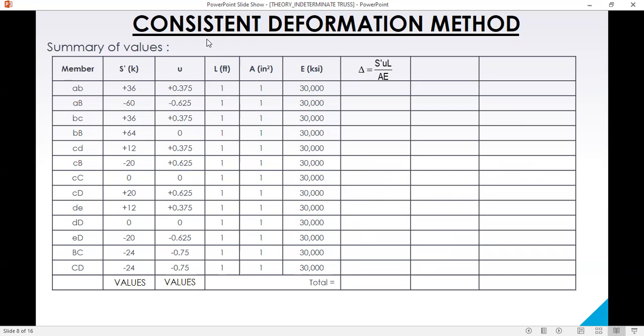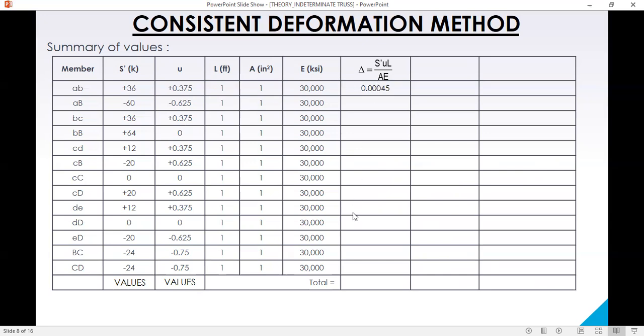Okay, in the consistent deformation method used in truss, delta is equal to S prime U L over AE. So we multiply this one. S prime times U times L divided by AE. The result is this.